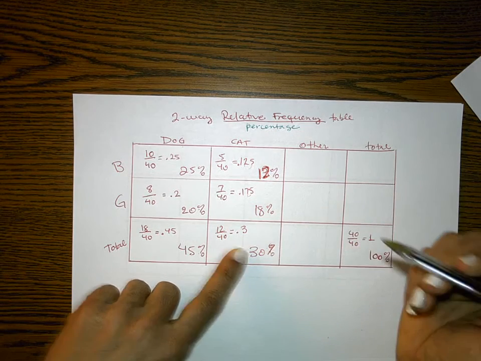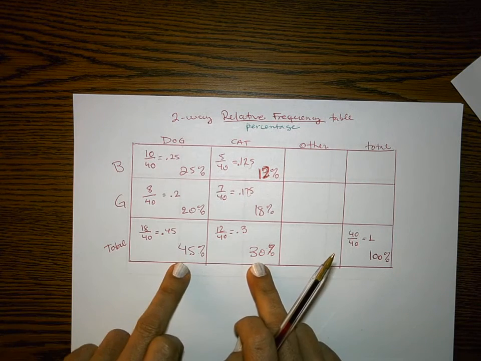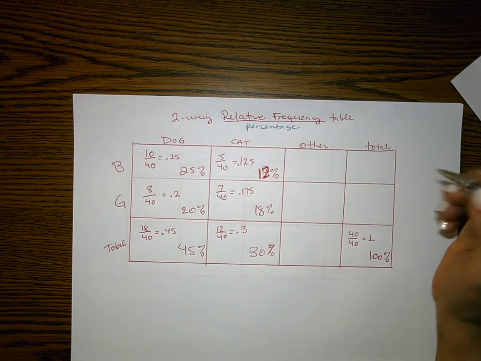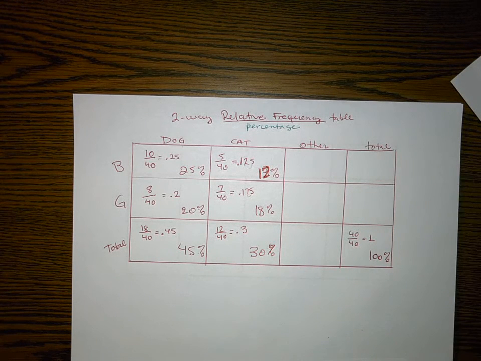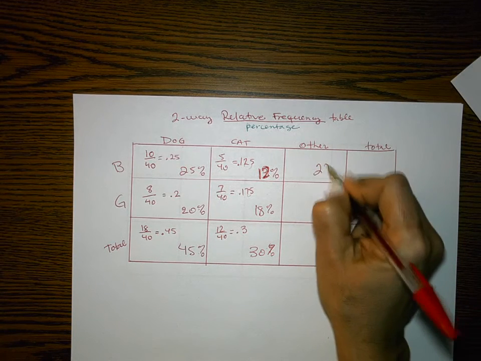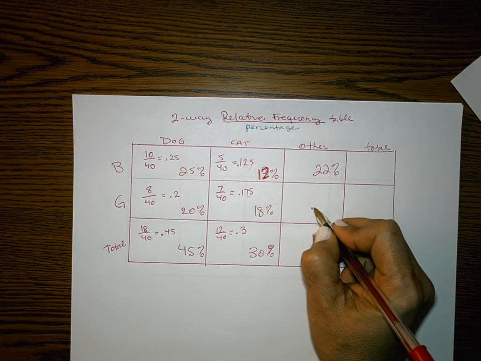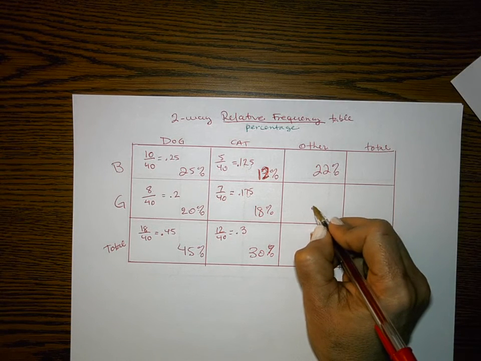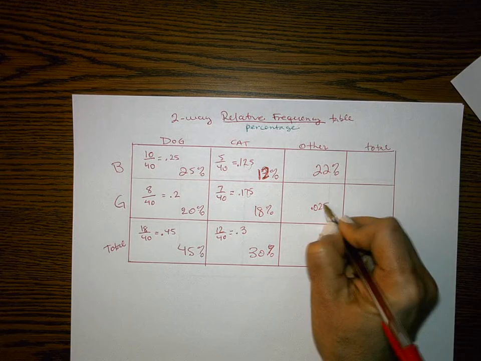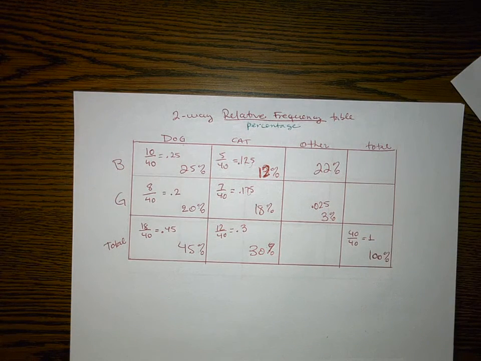So you can round it and then adjust it so it adds up to the correct amount. Okay, so here on the others, we would have 22%. We end up with 22%, and here we will end up with 0.025, which is 3%, and that makes a total of 25%.